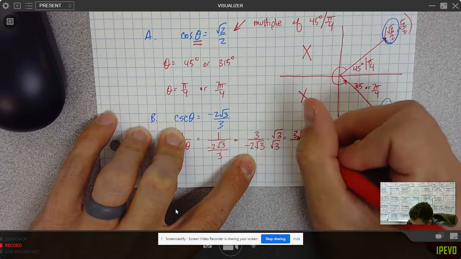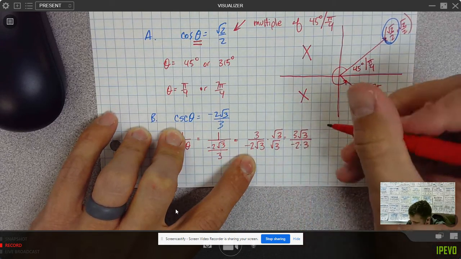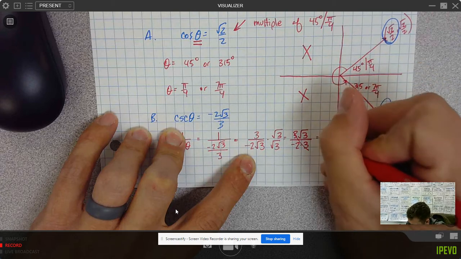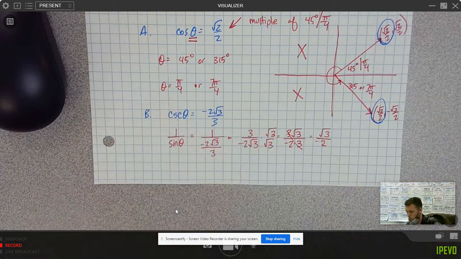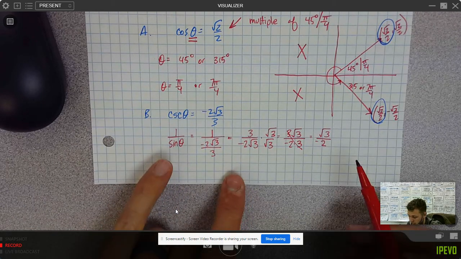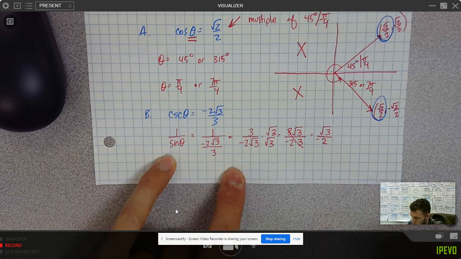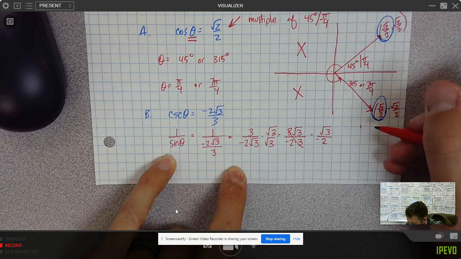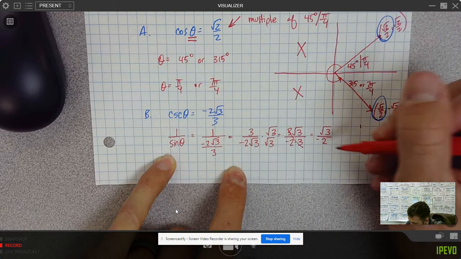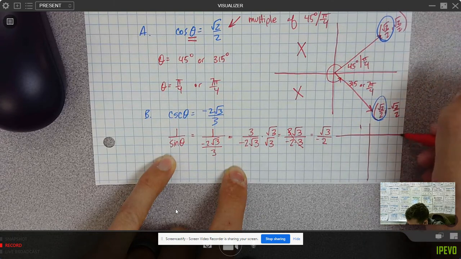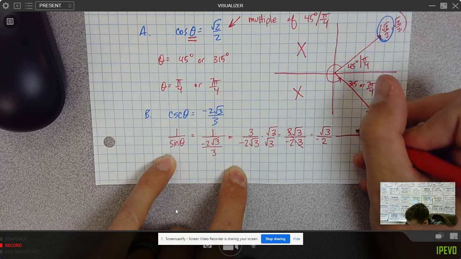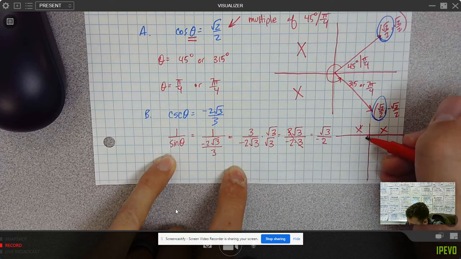So if we think about our unit circle, sine is negative in quadrants 3 and 4. And so those come from our multiples or our reference angle of 60 degrees or pi over 3.